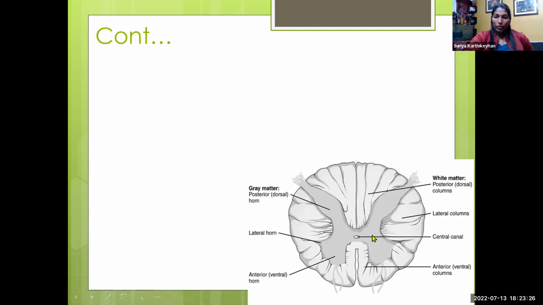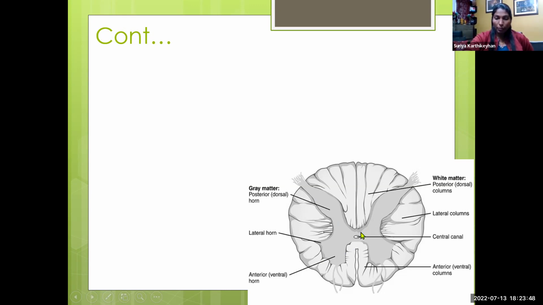So we know the gray column or gray matter is actually H-shaped. When you see this, we have the central canal, and around the central canal there is a portion. Initially I said it is the transverse gray commissure.